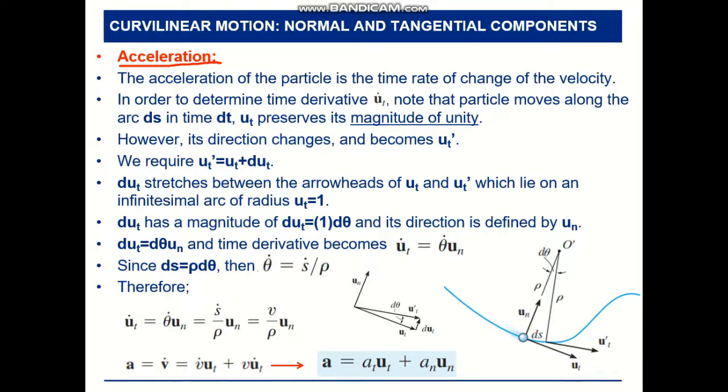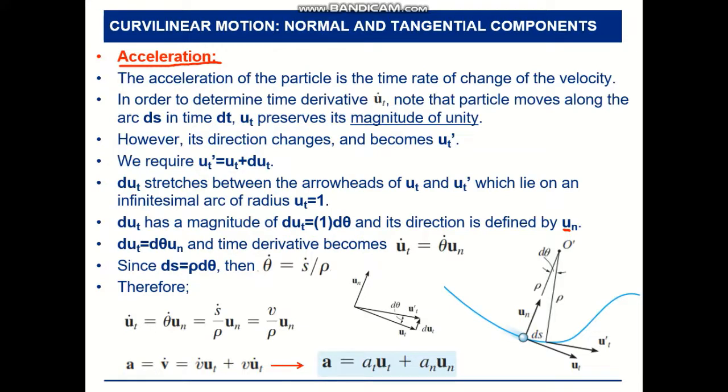There is more physics going on inside, because when we change ut to u prime t, the direction is changing by an infinitesimal amount, so it is also defined by un. So dut is equal to d theta un in the normal direction.